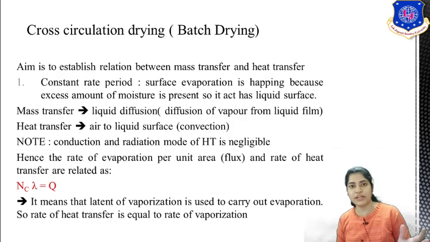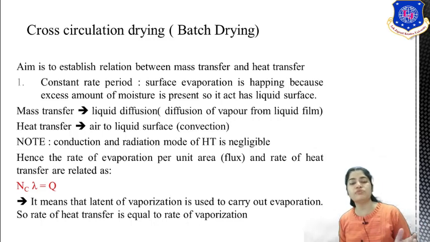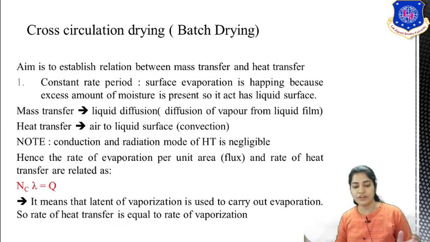Q is the overall heat transfer. The heat which is available is used by your moisture to vaporize, and that is Nc lambda, the mass transfer, which is equal to Q, the heat transfer rate.